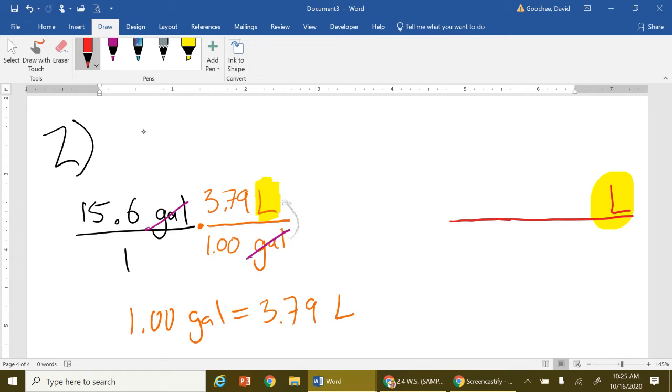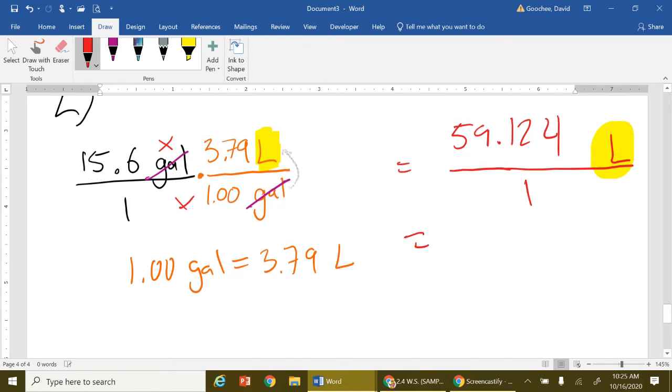On the top, 15.6 times 3.79. On the top, I get 59.124 liters. And on the bottom, 1 times 1 is just 1.